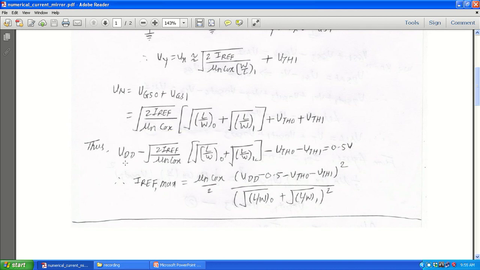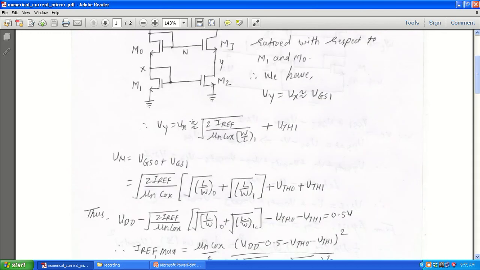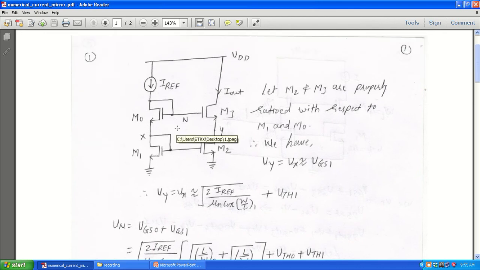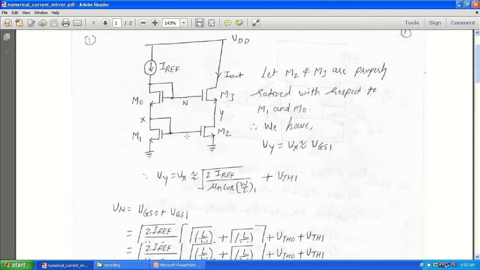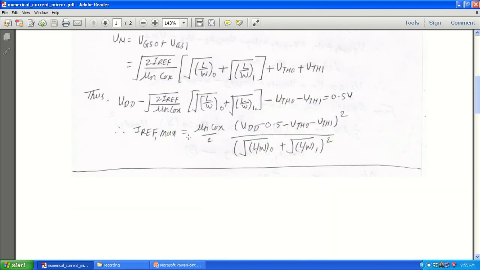So we get VDD minus this entire term is equal to 0.5, because it is given that I reference requires 0.5 volts to operate. Therefore VDD minus 0.5 is equal to Vn, or VDD minus Vn is equal to 0.5. So we are substituting Vn over here.